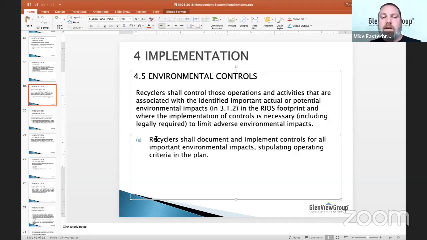Also notice that it says actual or potential environmental impacts. Potential environmental impacts could be something like fire, right? It's not necessarily something that is happening, but could happen and could cause environmental impacts based upon burning and other types of material that are present at your facility.